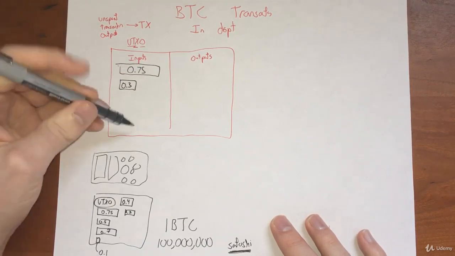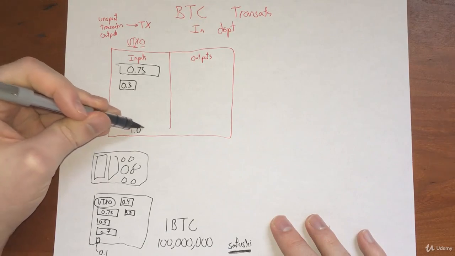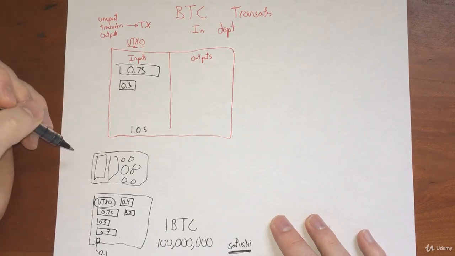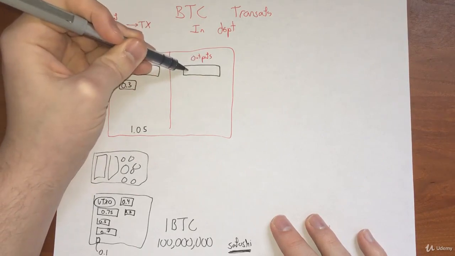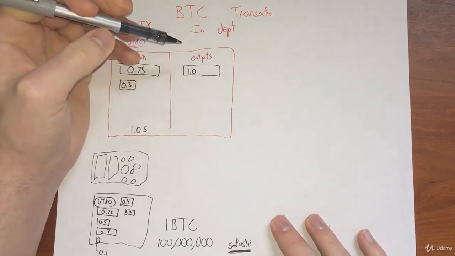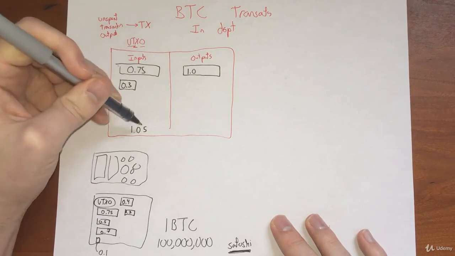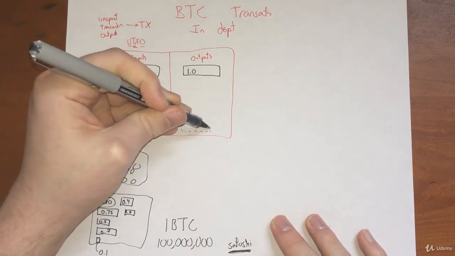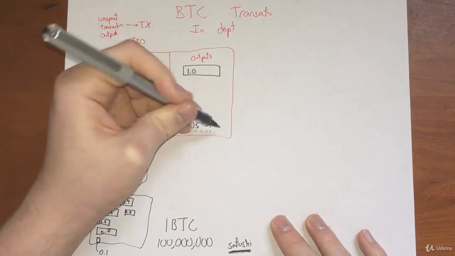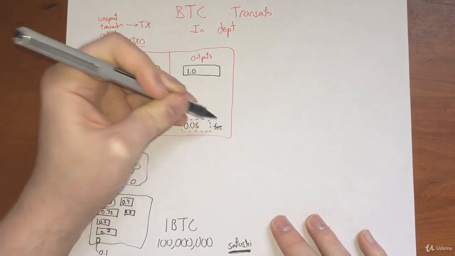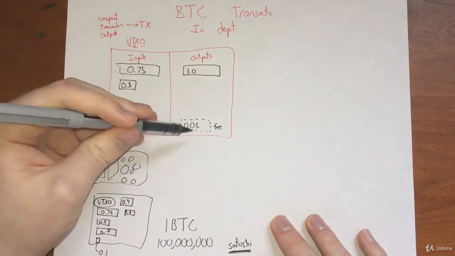So this totals to 1.05 Bitcoin. The output is 1.0, and then this leftover amount, 0.05, is the transaction fee, and that goes to the miner.